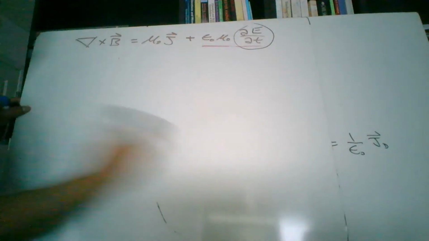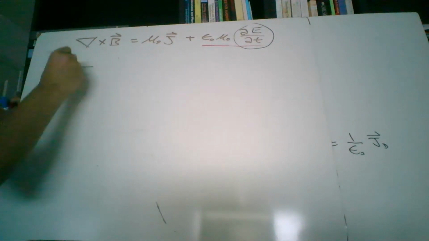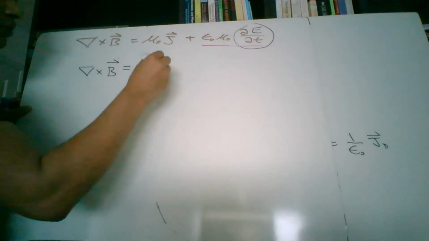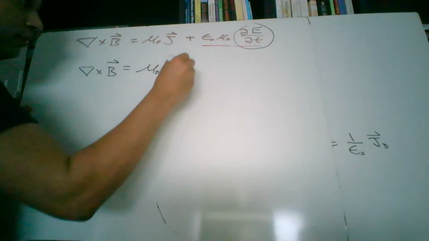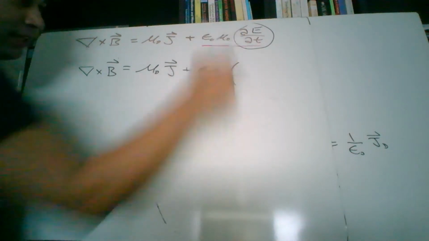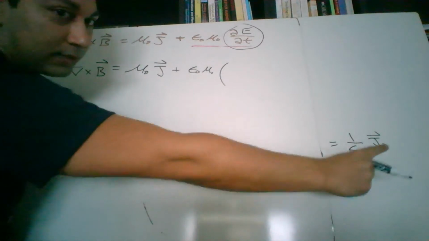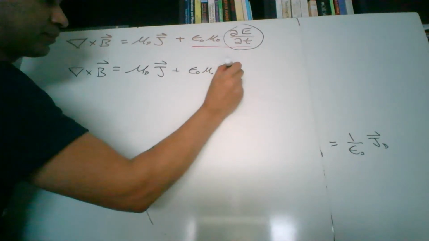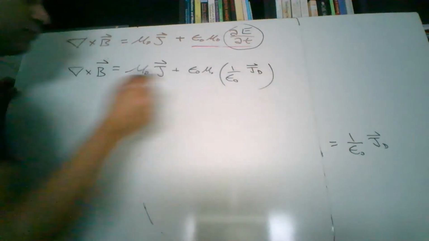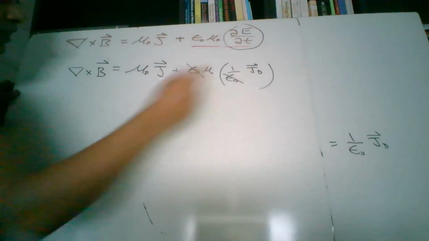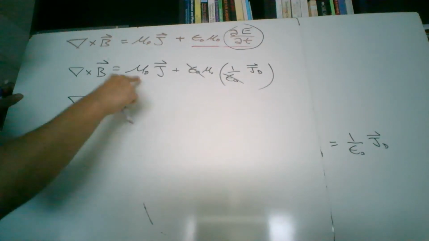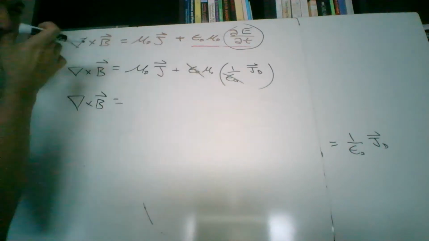And what we get is the curl of B is equal to mu naught times J plus epsilon naught mu naught multiplied by this term, which is 1 over epsilon naught times the displacement current density, J_D. The epsilon naughts cancel out, and you get the same terms.